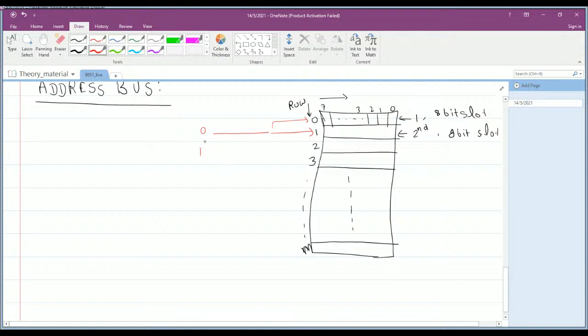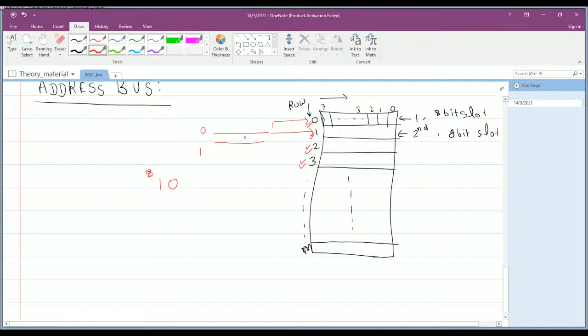Now 2 cannot be represented with one wire, so to represent 2 we have to write 1 0, so for this we need 2 wires. With 2 wires we can access these locations by writing 1 0, and then this location by writing 3. All these numbers are in hexadecimal format, or ultimately binary format as well.